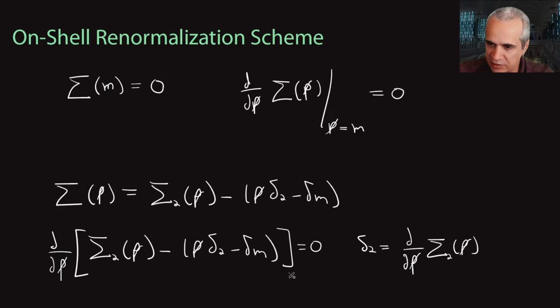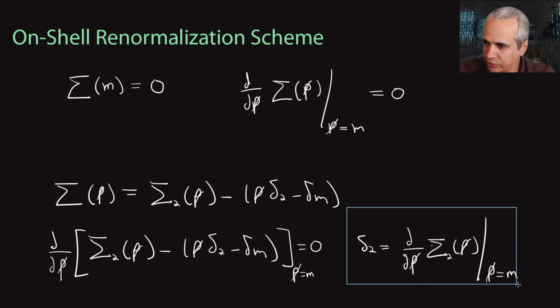Of course, this is calculated at p slash equal m, so this one is also at p slash equal m. So delta 2 is only dependent on the derivative of this guy calculated at this point.